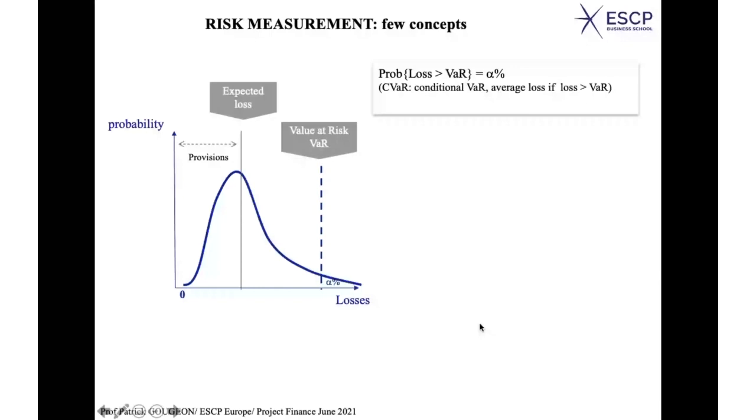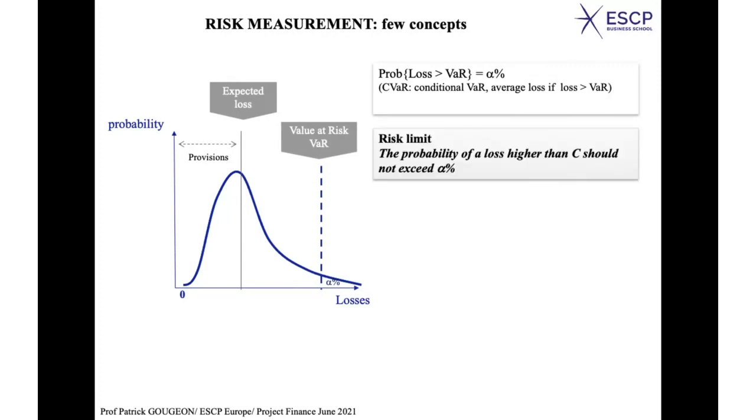To understand the meaning and the usefulness of the value at risk, we are going now to introduce another concept, which we already mentioned: the concept of critical loss, and risk limit if you prefer.